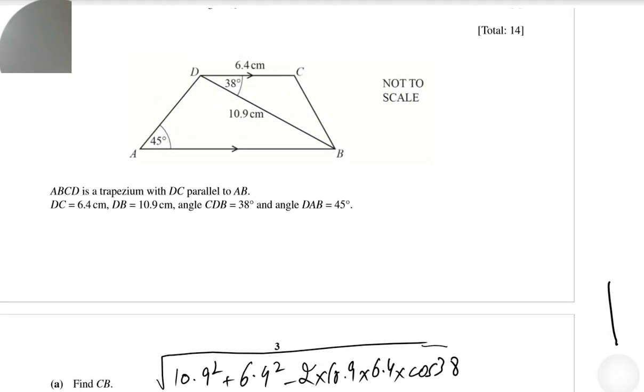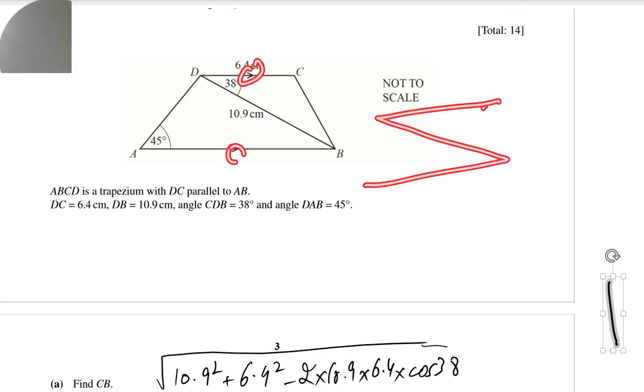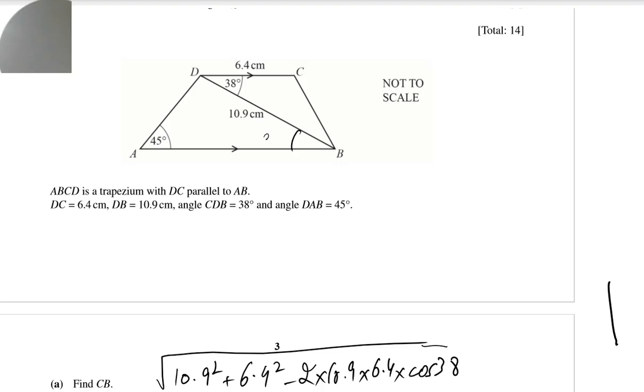Now ADB, we are talking about this angle, ADB. As you can see, these are parallel lines and this would be our Z. So from alternate angles, we can write angle DBA as 38.